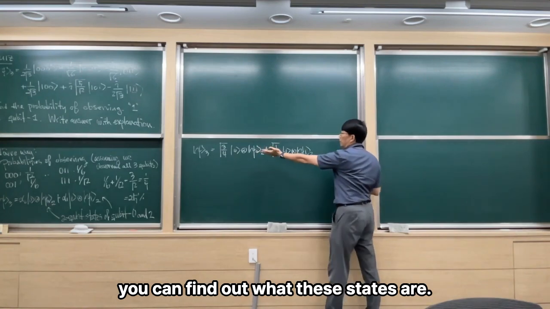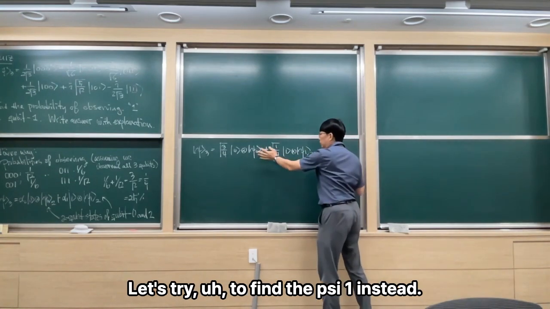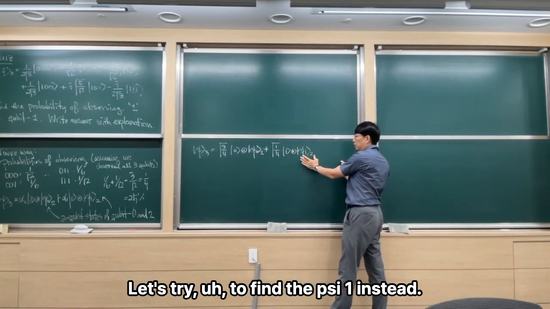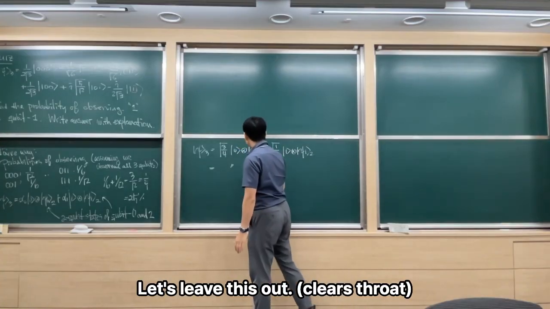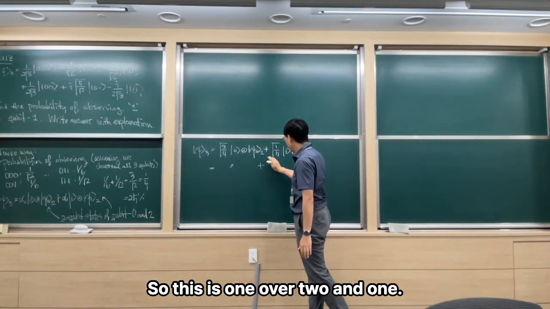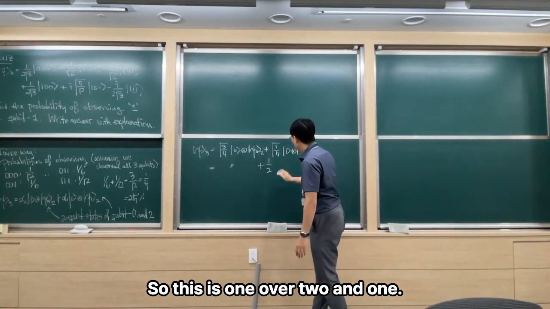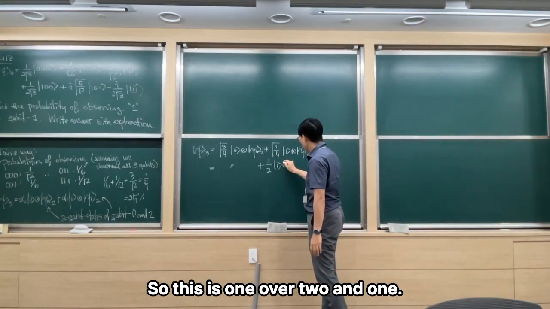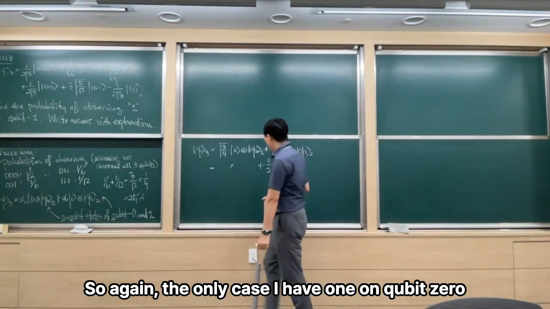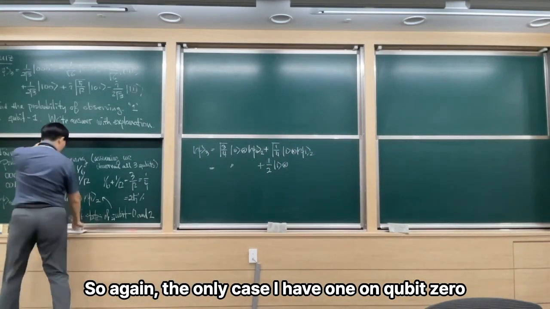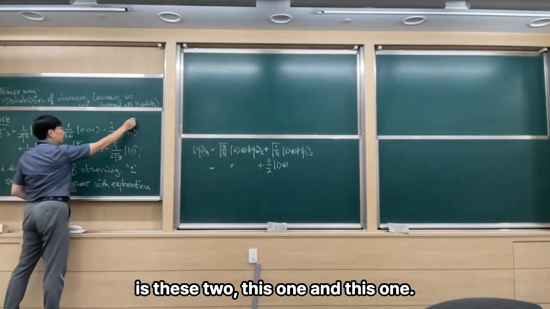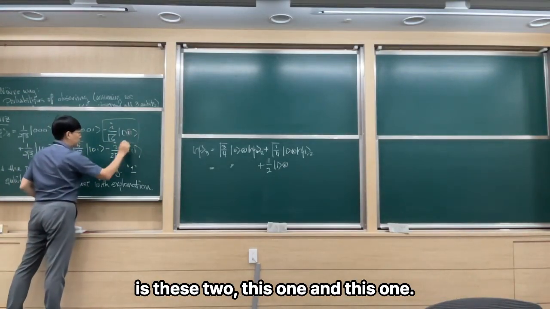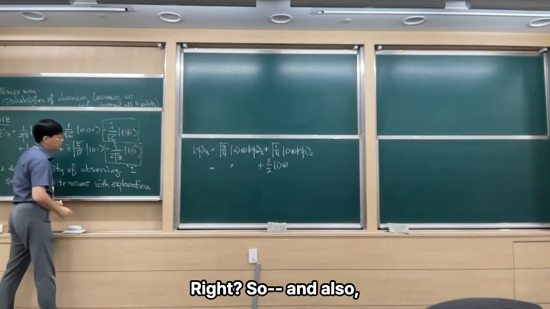So you can find out what these states are. Let's try to find the psi 1 instead. Let's leave this out. So this is 1 over 2 and 1. So again, the only case I have 1 on qubit 1 is these two, this one and this one, right?